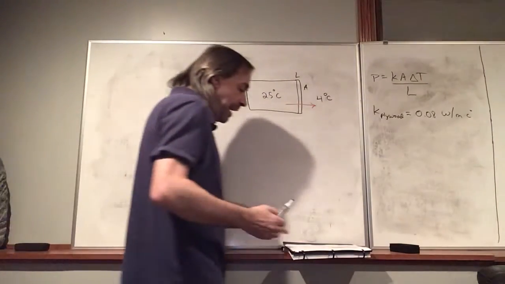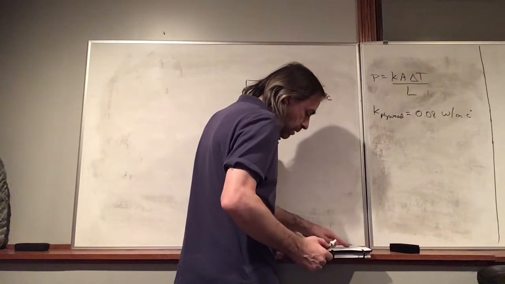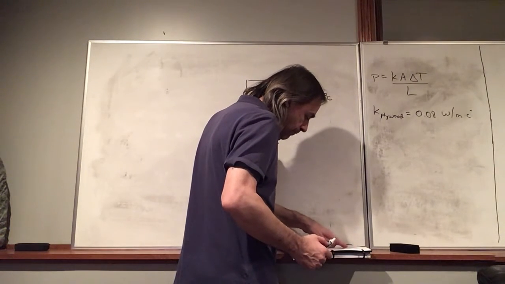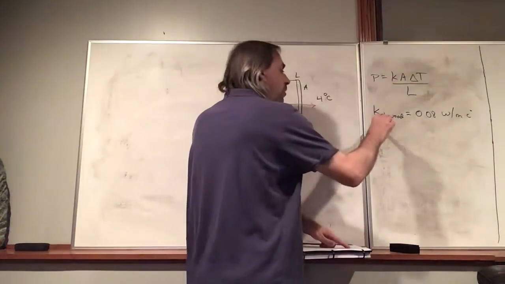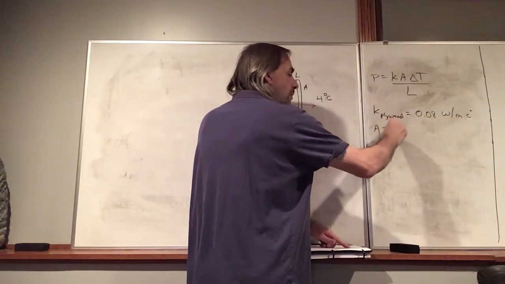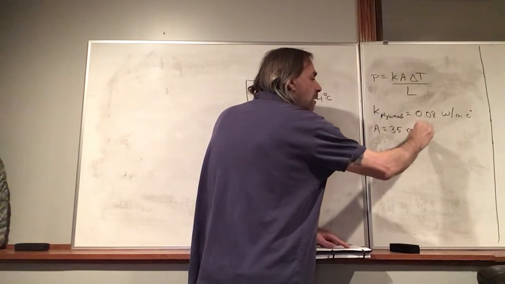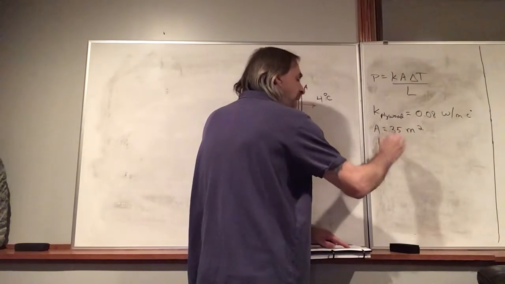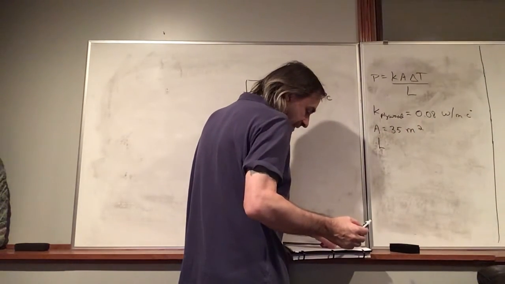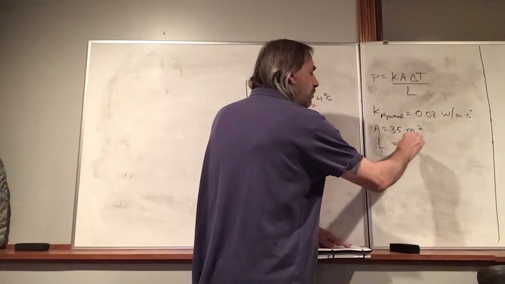And so we're given the area of this wall. This is the perpendicular area, which is 35 meters squared. And the thickness, it's a very thin wall, it's 19 millimeters.